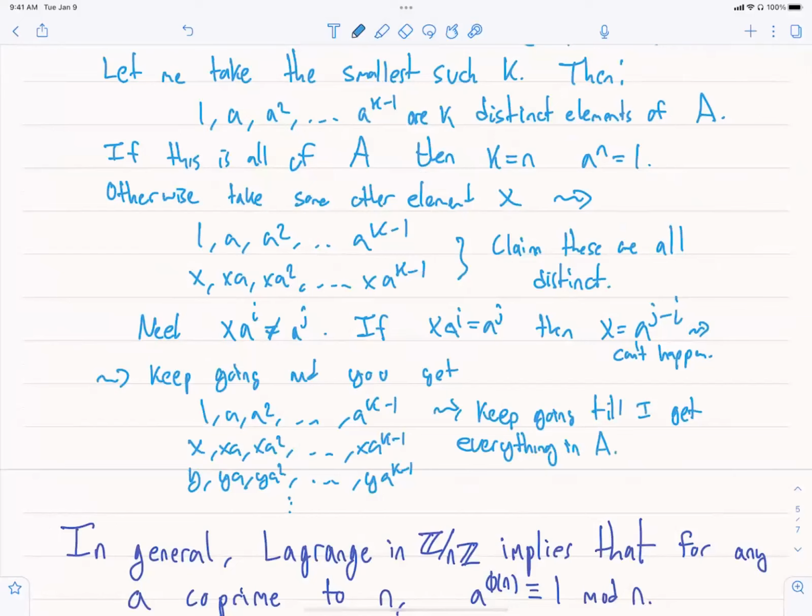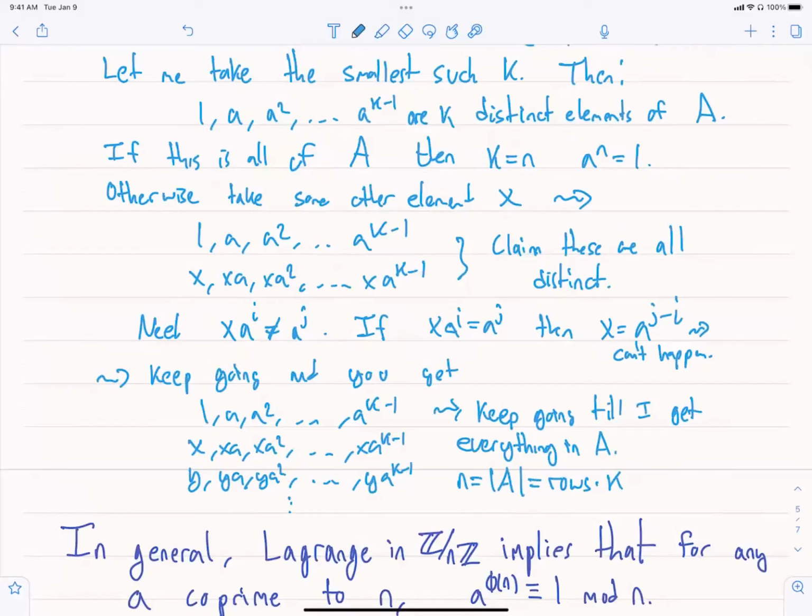In A, I'm going to have some number of rows, and each row has k elements. So the order of A is going to be the number of elements. That's what I called n, which is just the number of rows times k.